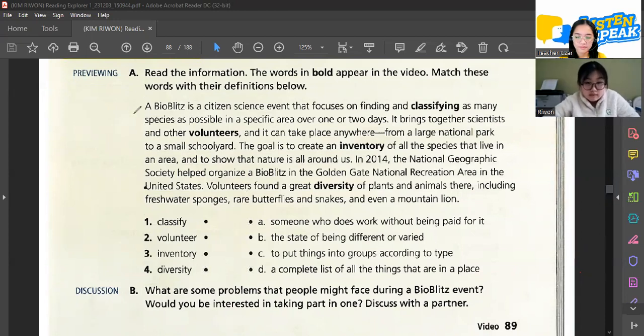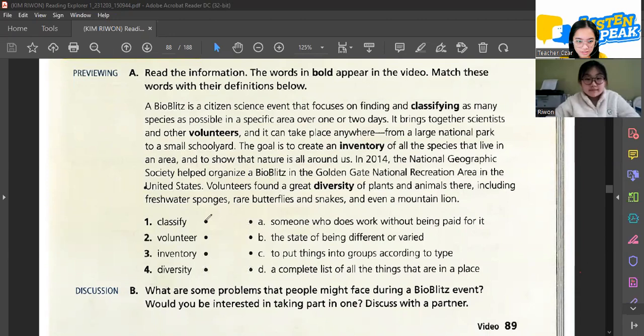Classify is to put something into groups according to type.